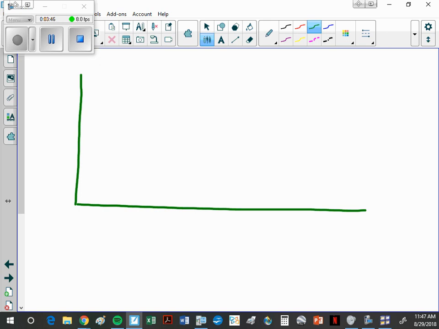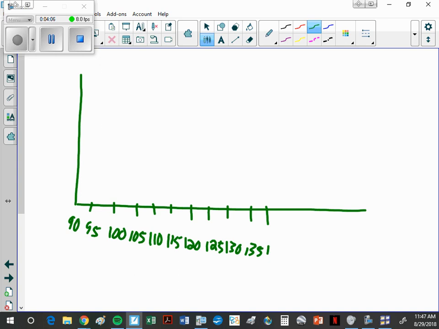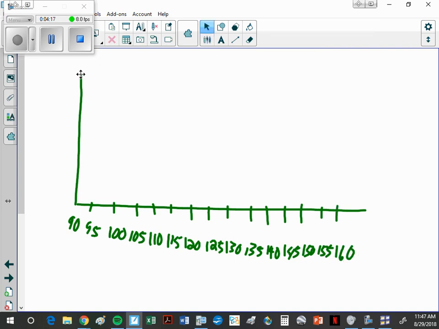So I'm going to start at 90, 95, 100. How far do I have to go? And feel free to graph these on the same graph if you would like.